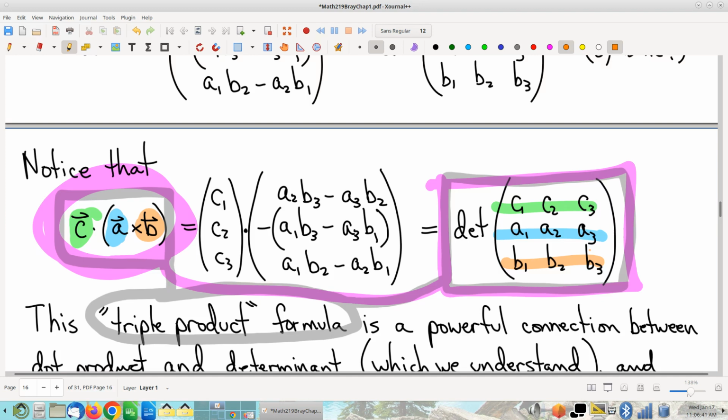This is a deep statement about important operations that we've used in different contexts. Dot product, cross product, determinant. They're all related in this powerful way by this one formula. Right? So this is called a triple product.